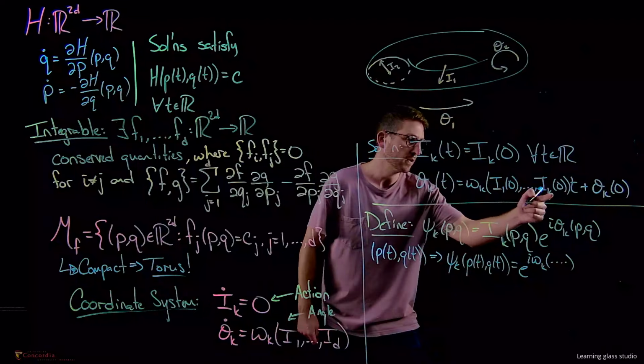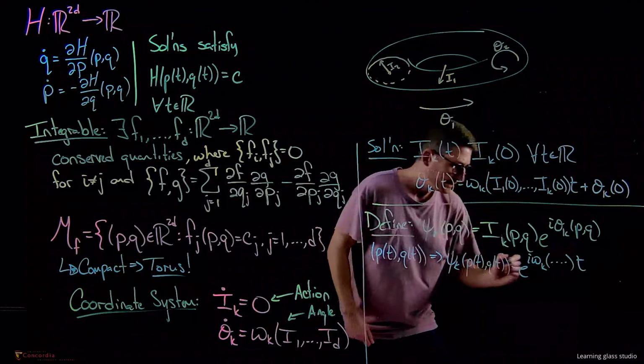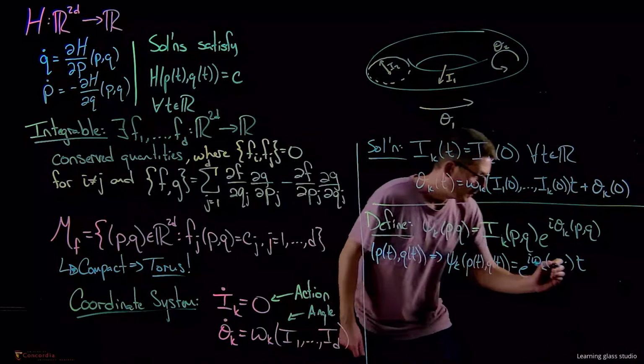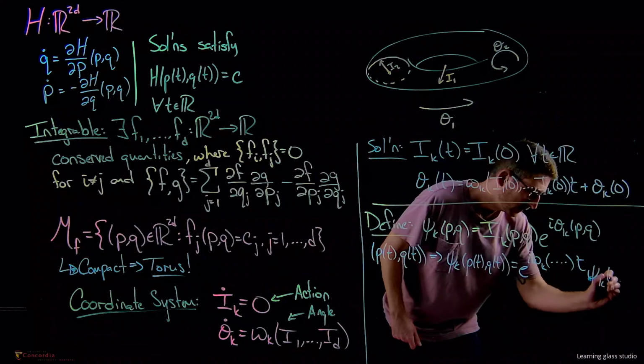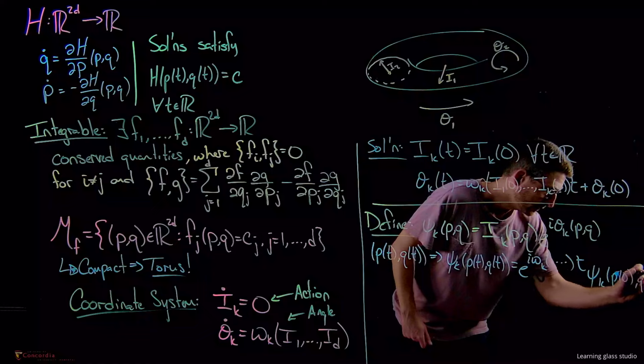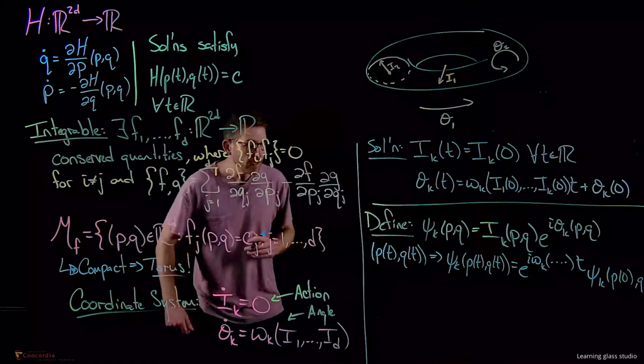I'm not going to write them again because it's a lot of writing. Then times t, and then multiplied by the original initial condition phi_k of p of 0, q of 0. Now what is that? That is a Koopman eigenfunction.